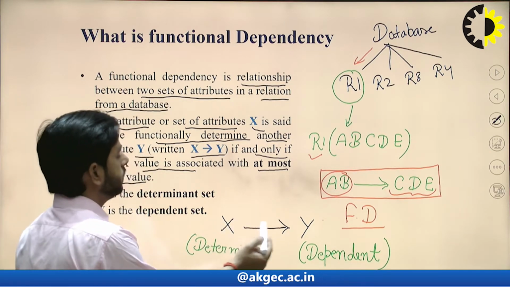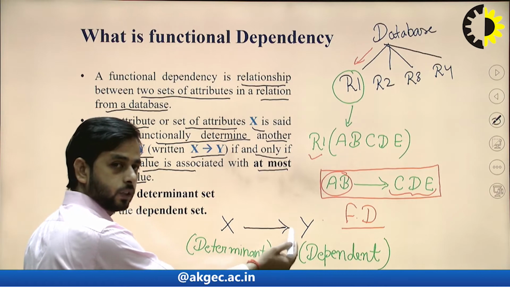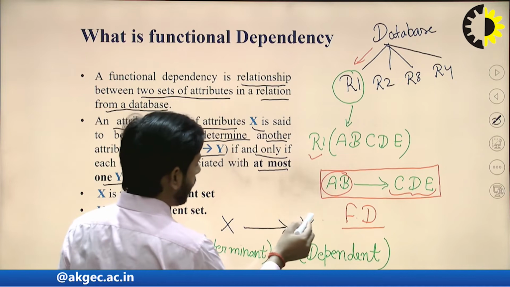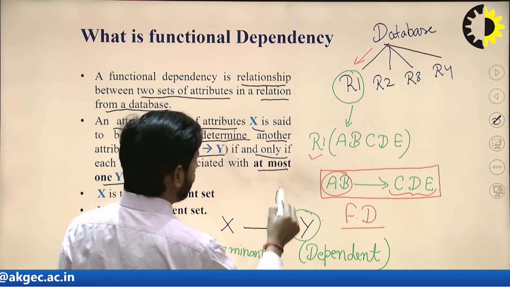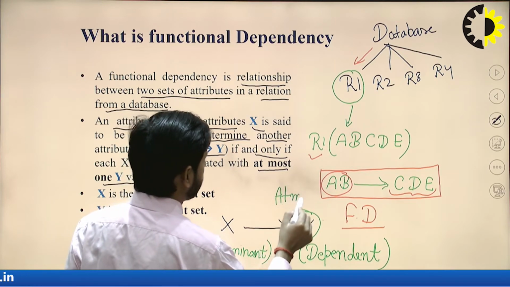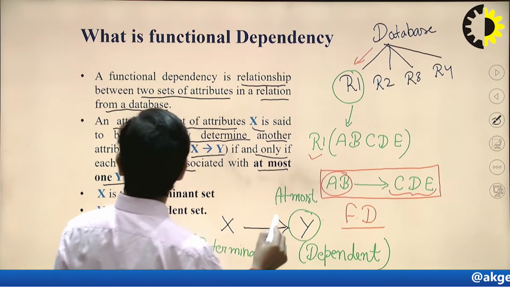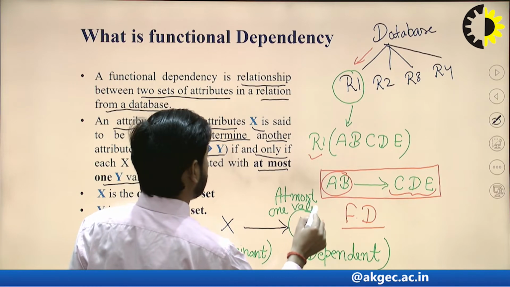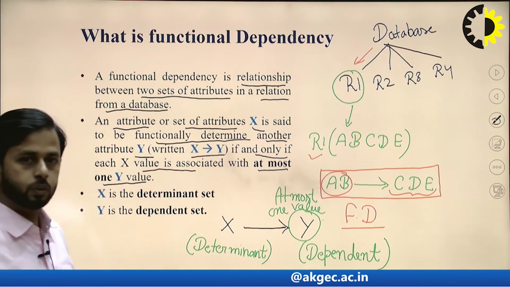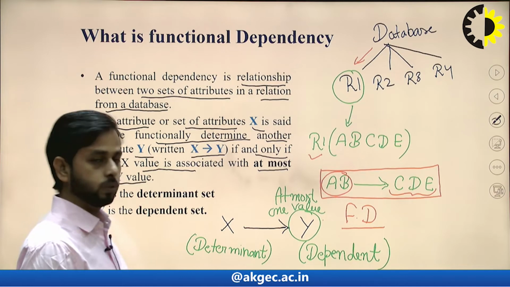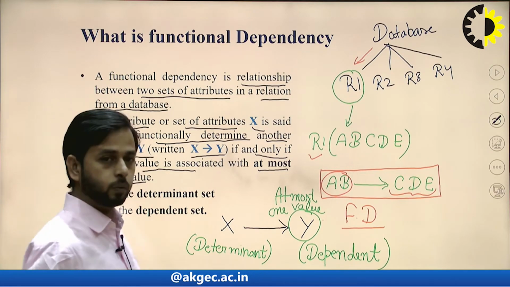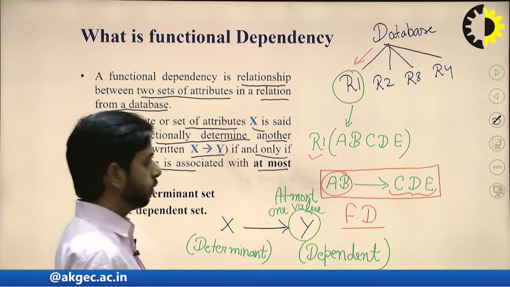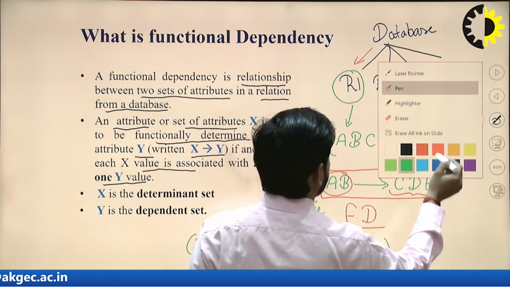So X determines Y, and each X is associated with at most one value of Y. It is not the case that corresponding to one X there is more than one Y. What does it mean?